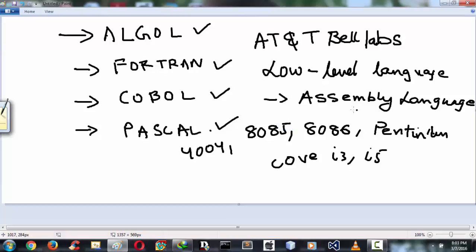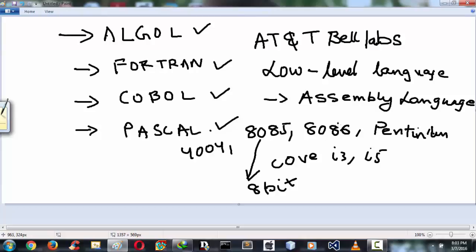called mnemonics. Okay, so they are embedded. So whatever assembly level language you are learning for 8085, which is an 8-bit microprocessor, it has its own set of mnemonics and registers based on that architecture.